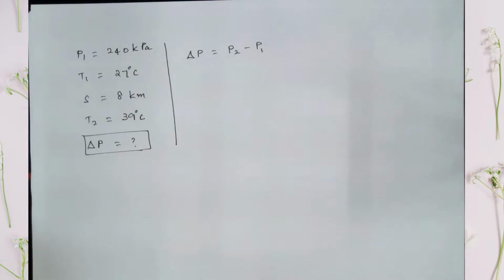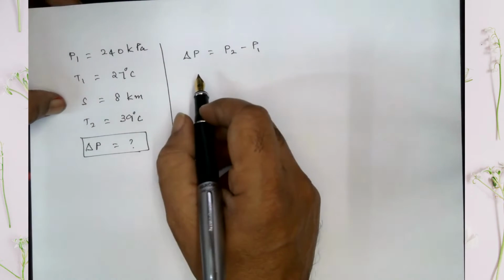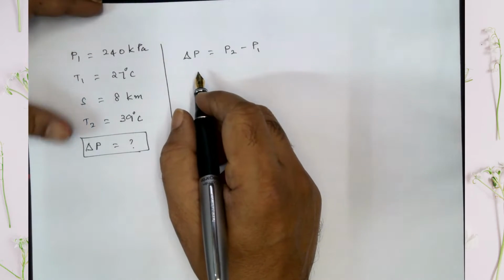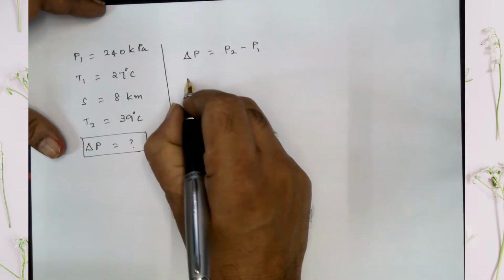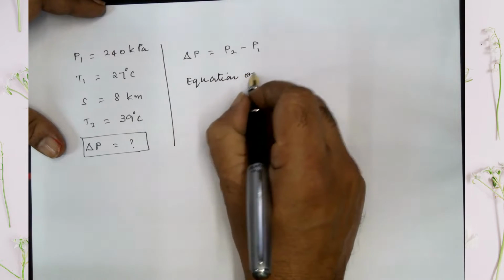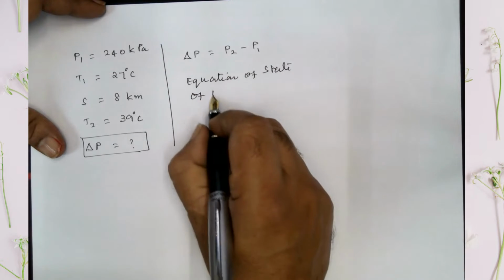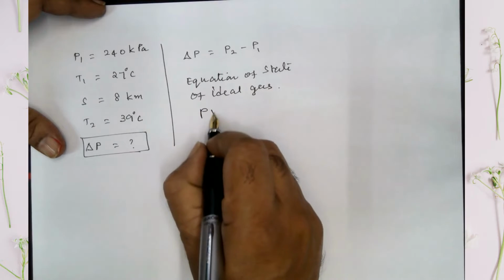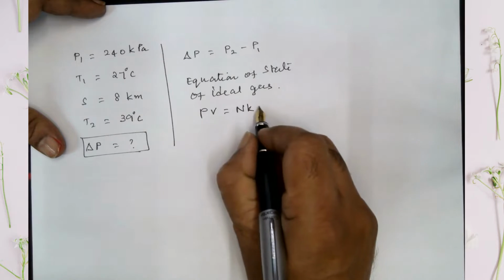Now we can apply the equation here, that is the equation of state for ideal gas. We know the equation of state of ideal gas is given by PV is equal to NKT.